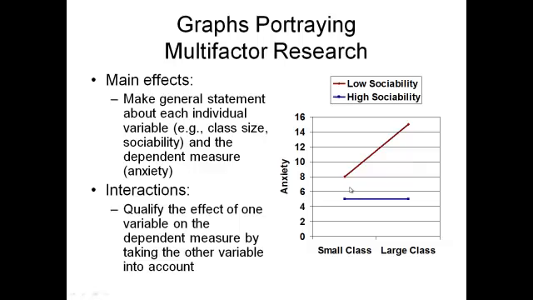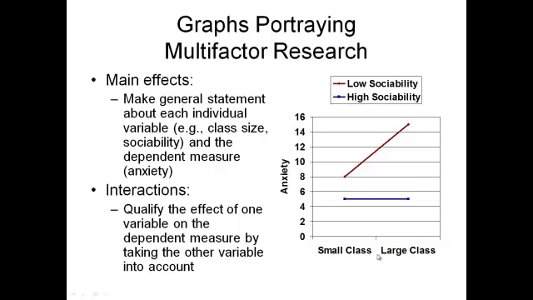So the difference between 7 and 10 indicates that there is a main effect for class size. In other words, students in large classes, on average, have more anxiety than students in small classes. And that would reflect a main effect for class size.